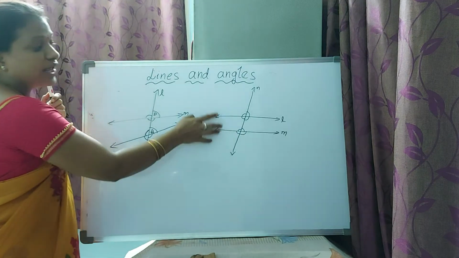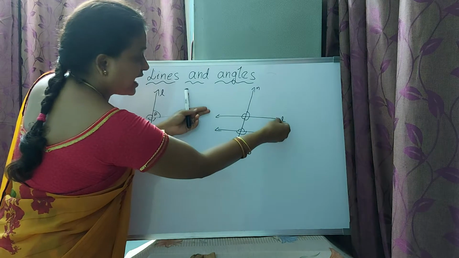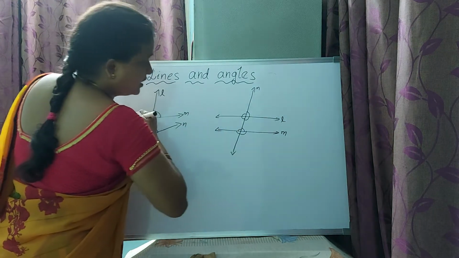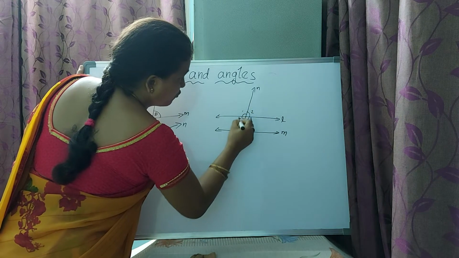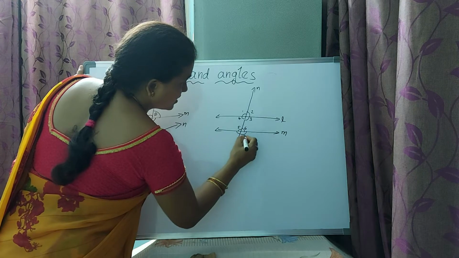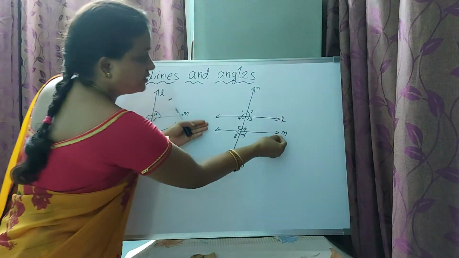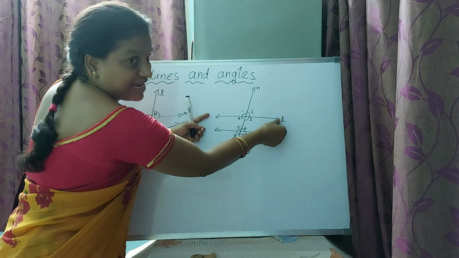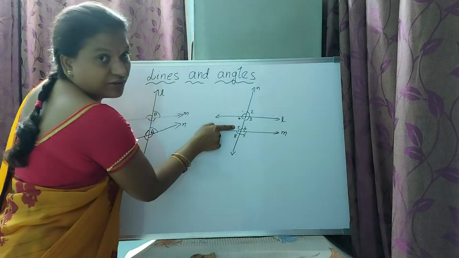If two lines are parallel and you take this line and exactly coincide it with line L, the angles match. Angles 1, 2, 3, 4, 5, 6, 7, 8. Angle 1 is equal to angle 5.